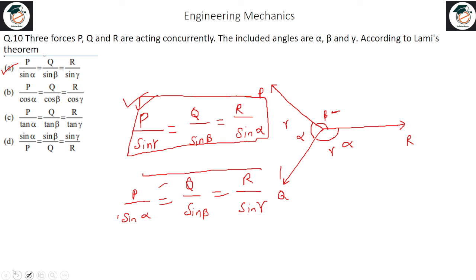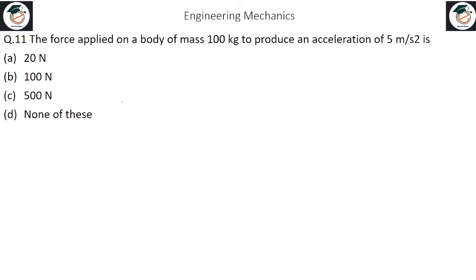Let's move to the next question. The force applied on a body of mass 100 kg to produce an acceleration of 5 meter per second square is? So the mass m equals 100 kg and the acceleration a equals 5 meter per second square, and we need to find the force applied on the body.